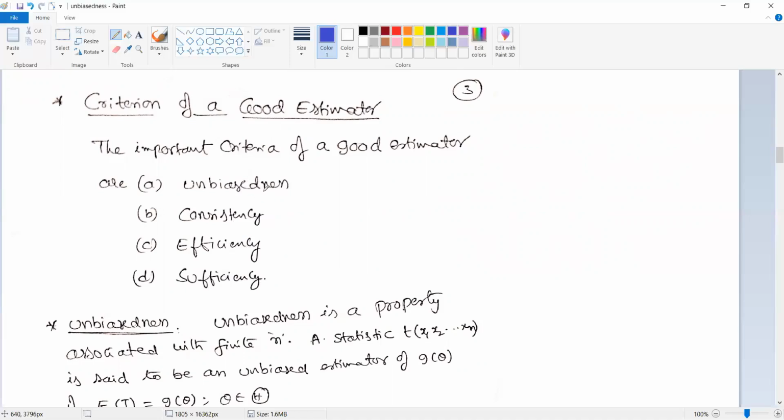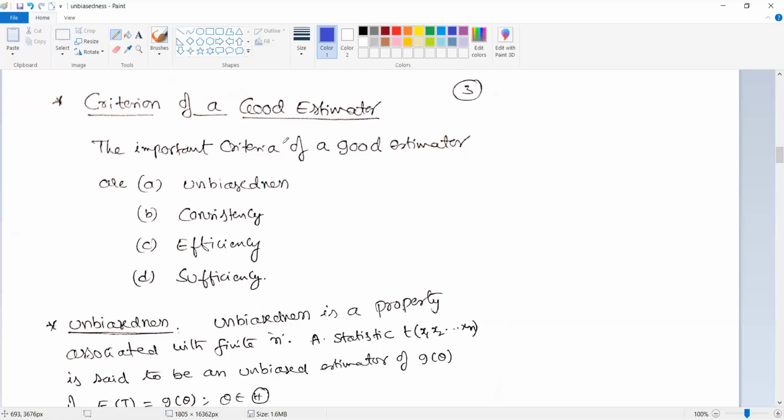A person who is unbiased, consistent, efficient and sufficient is called a good person, a good citizen in society, or a good policeman, politician, doctor, mechanic. A good citizen must satisfy all these four important properties.